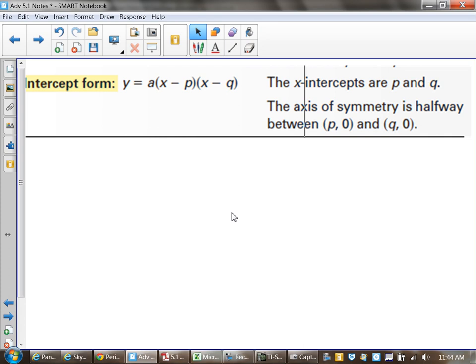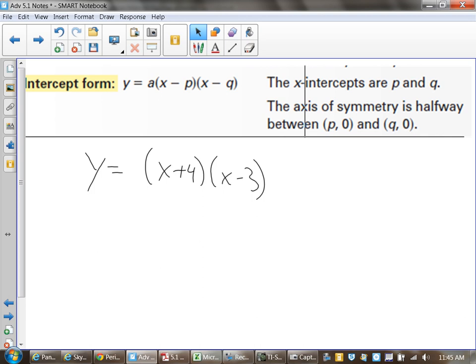What they're doing here is giving you the factored form of the quadratic. I'll use this example here: y equals x plus 4, x minus 3.